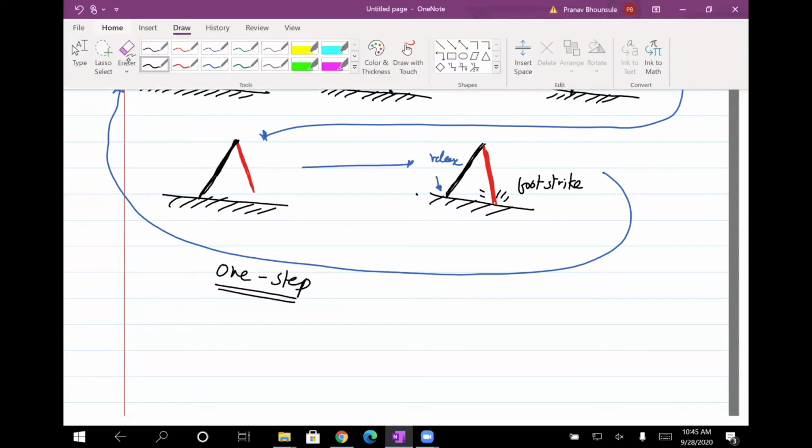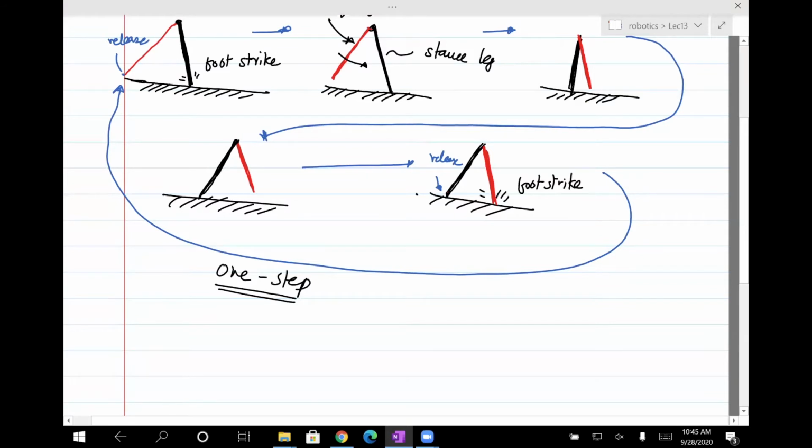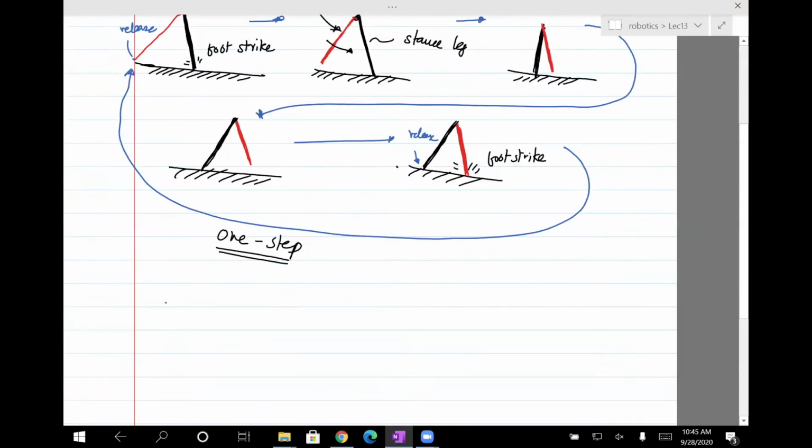I'm now going to write the equation I wrote down earlier for the bouncing ball, but for the double link walker. Here's how we'll do it. Single stance. Even though I drew so many figures, I don't need so many things in the equation to describe that.